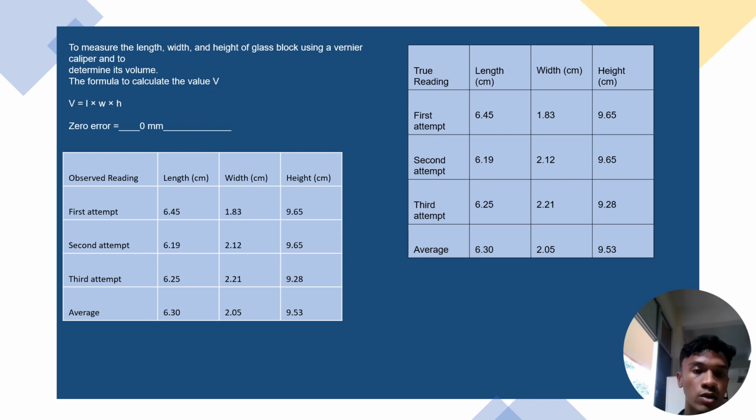So the average will be 2.05. And height, we got 9.65, 9.65, and 9.28. So the average will be 9.53. And then the true reading we got the same because the zero error is 0.0 millimeter.